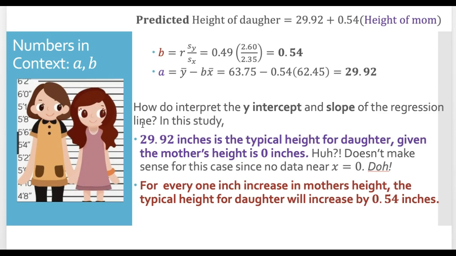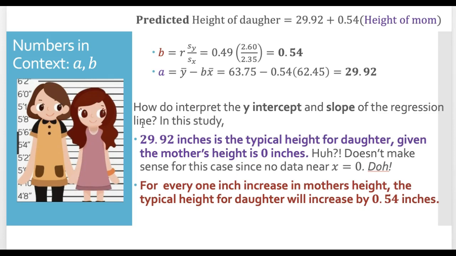What happens is that it doesn't make sense for this particular study, because we don't have any data that's close to x equal to 0. So this is called extrapolation, which we'll mention towards the end of this video, and it doesn't really have any meaning for our context here.